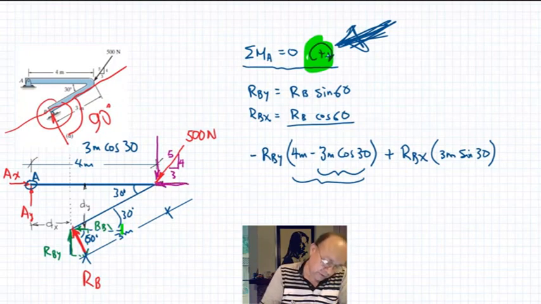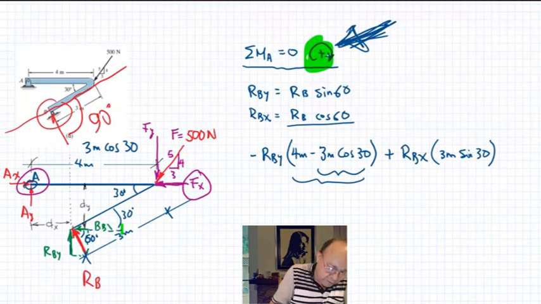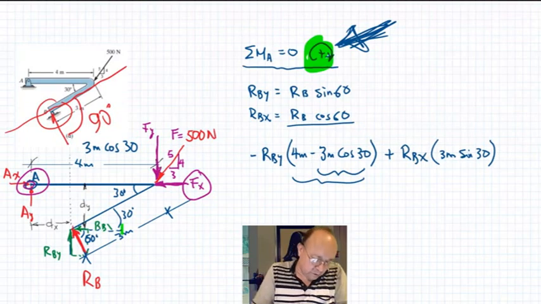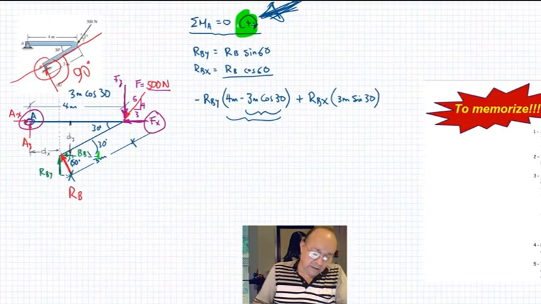Let's call this one F. F equals 500. This will be Fx, and this will be Fy. Fx doesn't produce moment with respect to point A because Fx goes through point A, so there will be zero distance, so no moment right there. The force Fy produces moment with respect to point A, which is equal to the 500 times 4 over 5 multiplied by 4 meters. I hope everybody sees that. Let's put it here very nicely.